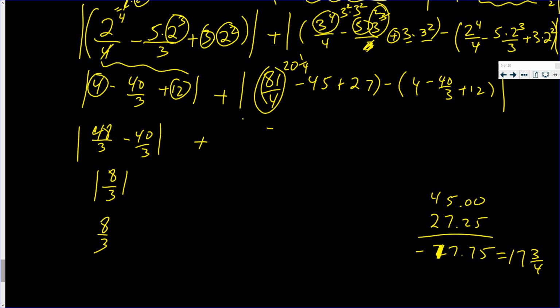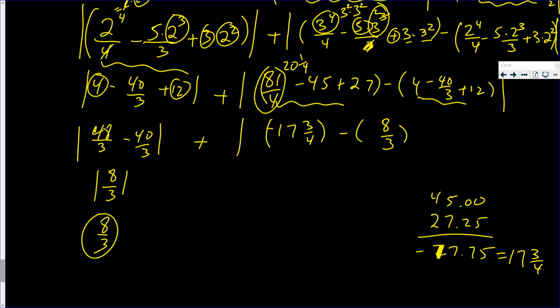The absolute value, this first term, is negative 17 3/4. Minus this, which we just worked out. It's 8 thirds. Clearly, what's in the absolute values is the same as 17 3/4 plus 8 thirds.